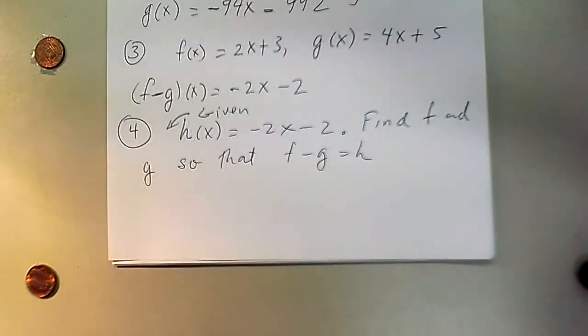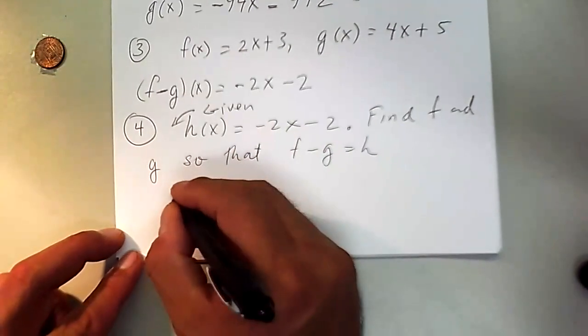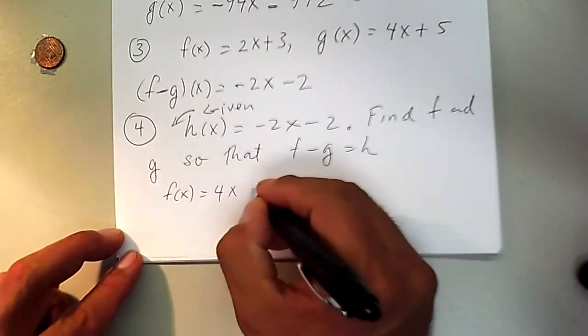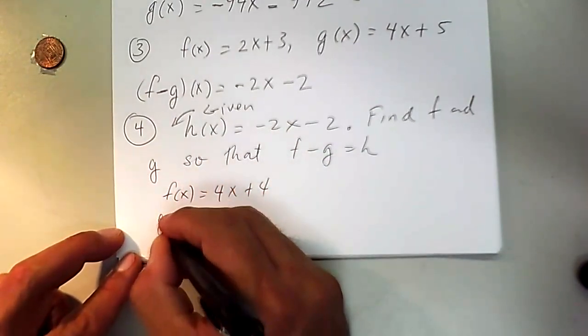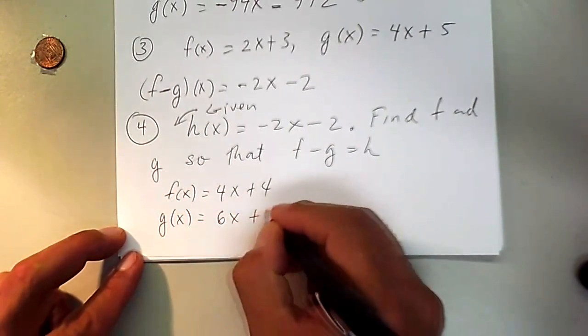So here we have many ways to go about it. Somebody could say, well, let's do 4. Yeah, that could be one way to go about it. f of x could be 4x plus 4. g of x could be 6x plus 6.